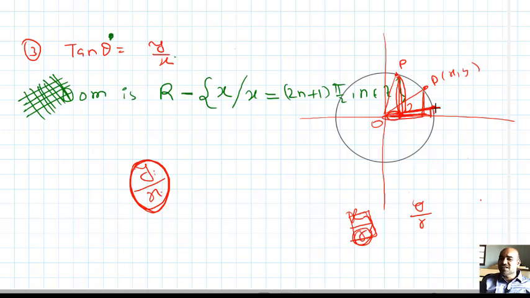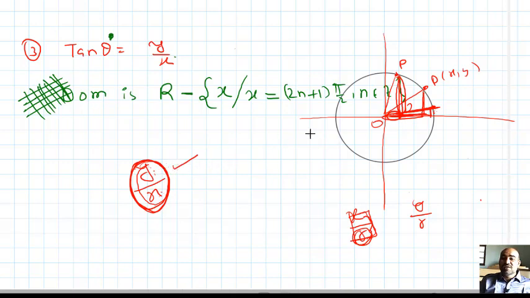What happened? x is greater than y. For this angle, y is greater than x. Means sometimes x is greater than y, or sometimes y is greater than x. What is the meaning of this? y by x is any real number. That is an important thing.